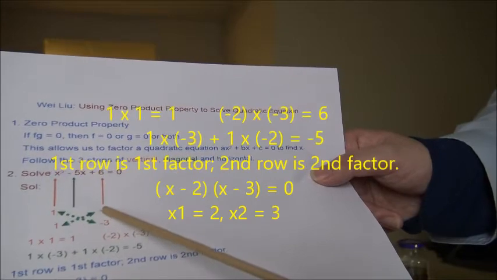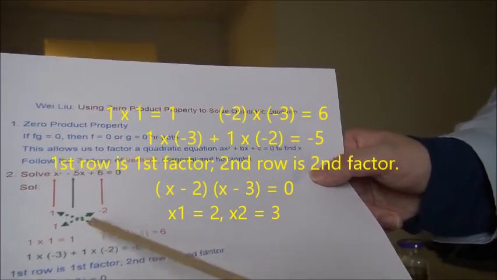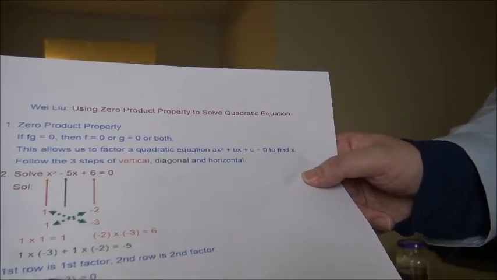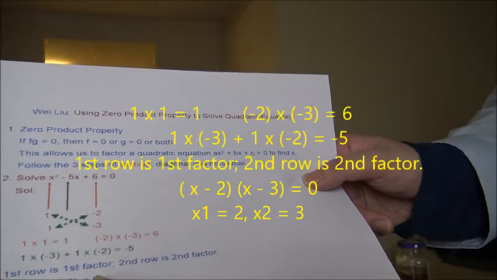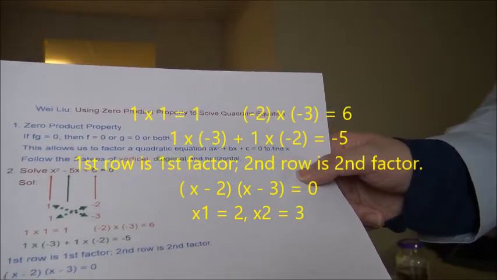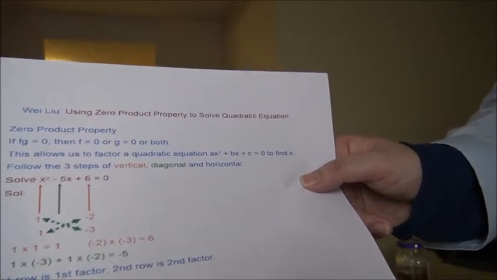There is a negative sign here. Then the second row gives us the second factor, x minus 3. Of course, this equals 0. Now we set each factor, or parenthesis, equal to 0. We will have x1 equals 2, x2 equals 3.